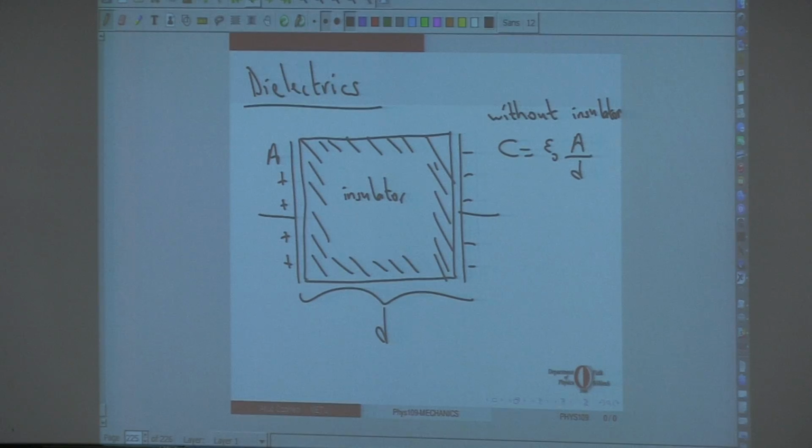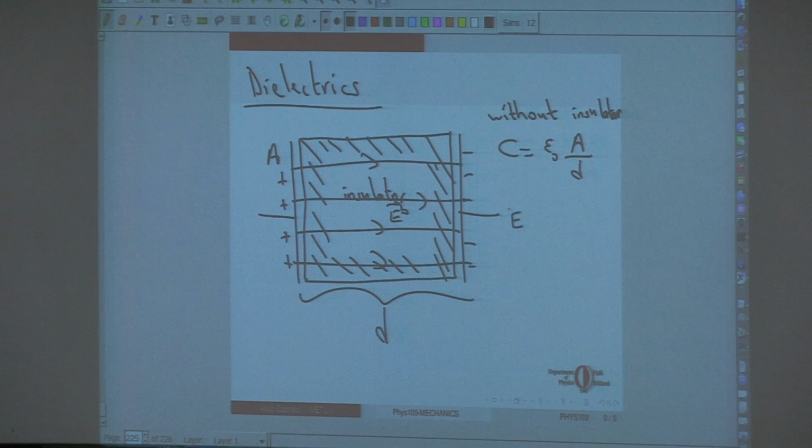Now the insulator is just made up of neutral atoms or neutral molecules. And we are putting all of these atoms in an external electric field. Remember, initially we have these plus charges and negative charges. They will create an electric field given in this direction, E0.